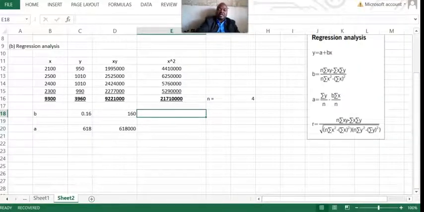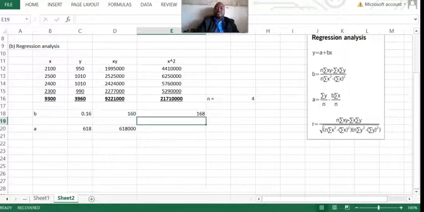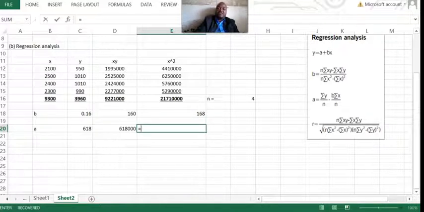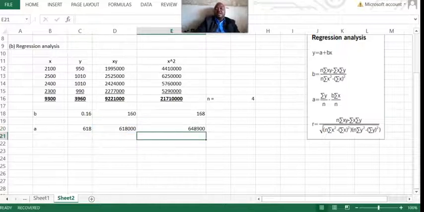So we say equal sign this figure multiplied by 1.05, and we get 168. We adjust as well the a figure, which is this one, multiplied by 1.05, and we get that one.